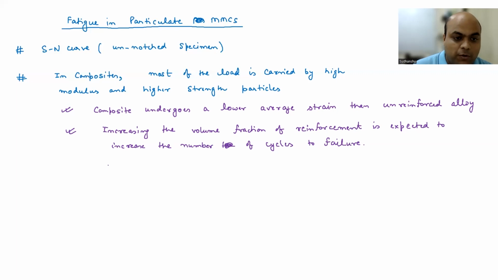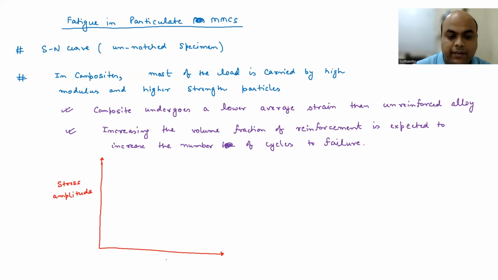Okay, so if I now plot based on the discussion, and what do we plot? The S-N curve. So you have S on the x-axis, that is stress amplitude, and then N_F, number of cycles to failure. Okay, so if I just plot it, it will look something like this. Again, a schematic.